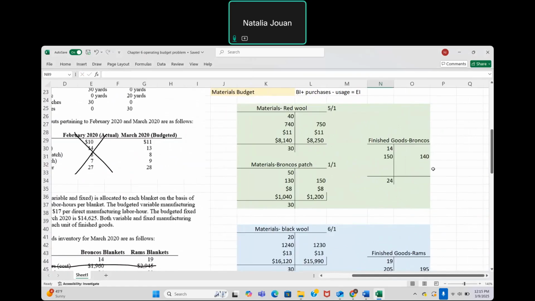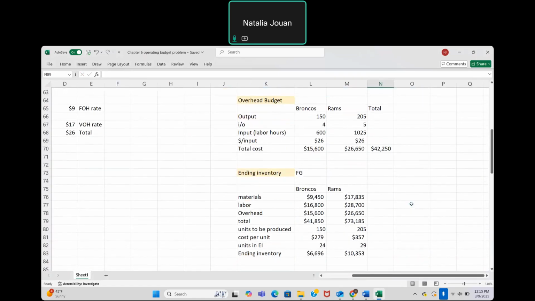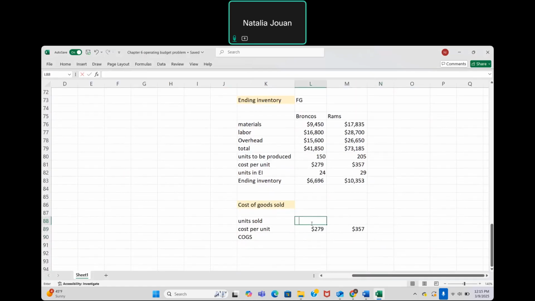Now you need sales, because this is the cost of the units that you're selling, cost of goods sold. So we're going to step away from production and we're going to focus on selling now 140 and 195. 140, 190. And this simple math will give us the cost of goods sold.